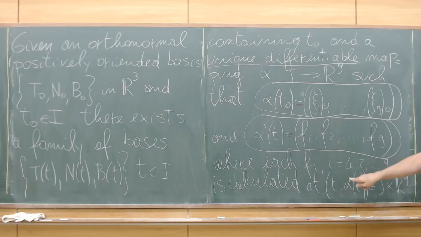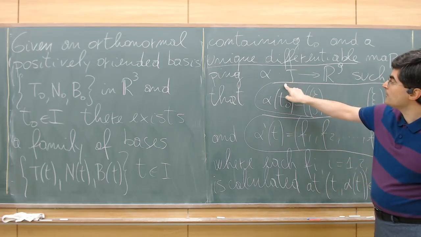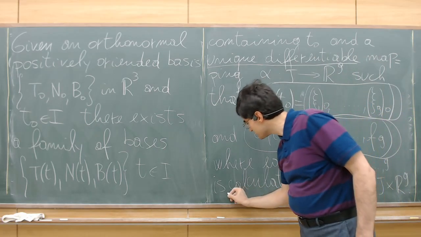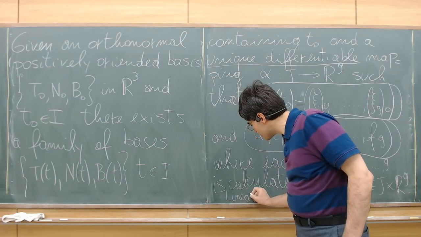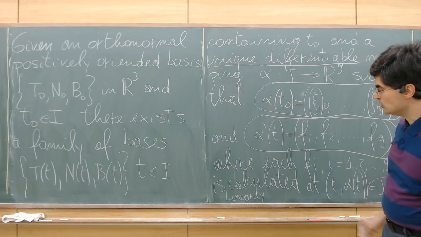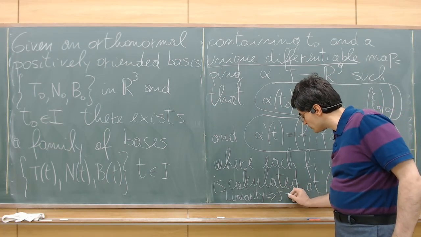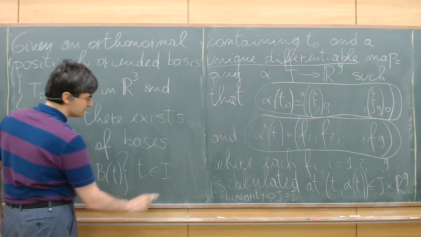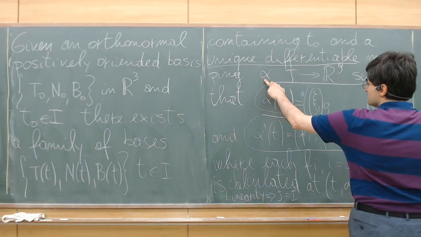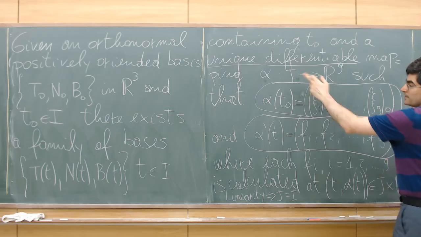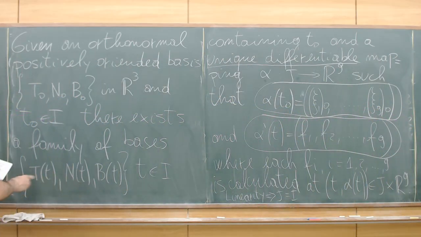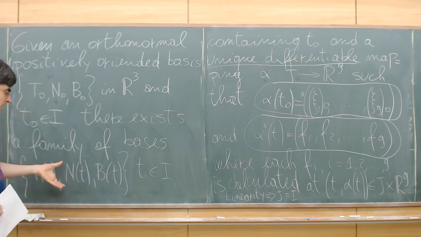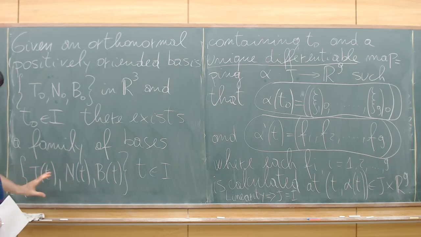I would like to add something. Here I wrote that alpha is defined on J, but it's possible to prove that since the system is linear, the linearity implies J equals I. This is why here I can write t in I. So equivalently, this alpha here is a function defined on I. If I fix this initial condition, there exists a solution which I write down in this form.